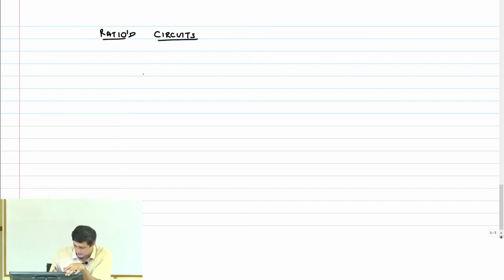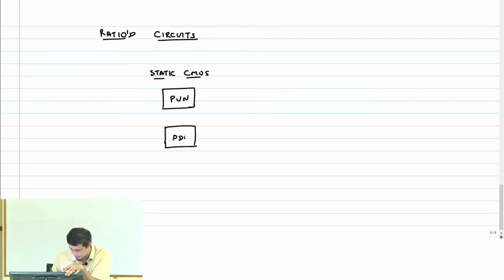So a static CMOS implementation is like this: pull up network, pull down network.